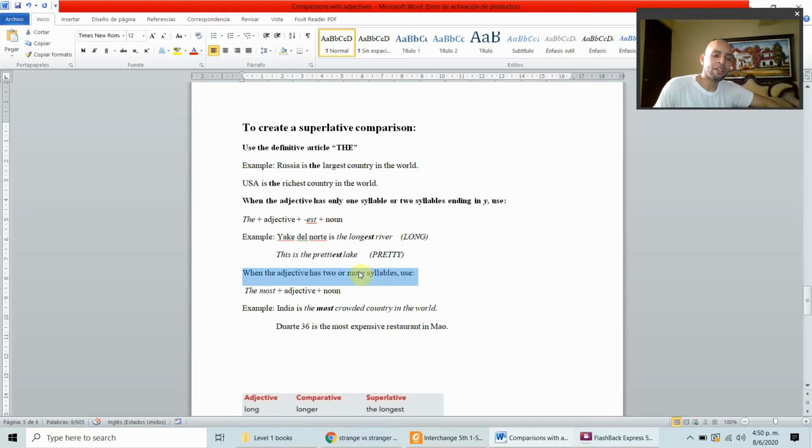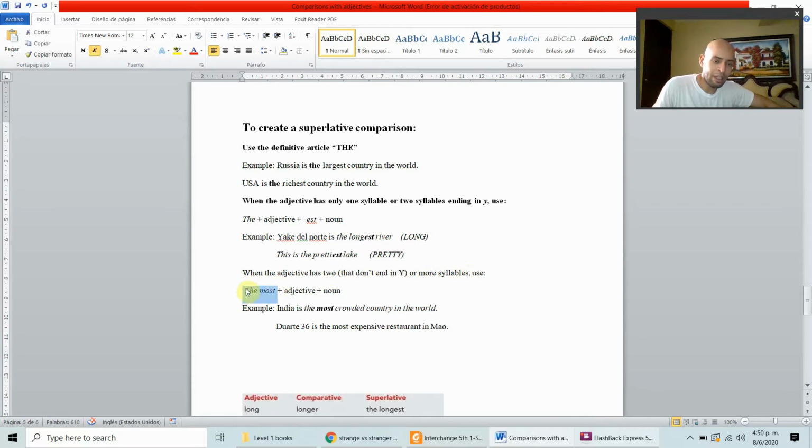When the adjective has two or more syllables, let's write here, two syllables that don't end in y, right? It's better to write that here. Two syllables that don't end in y, or more syllables, use the most.